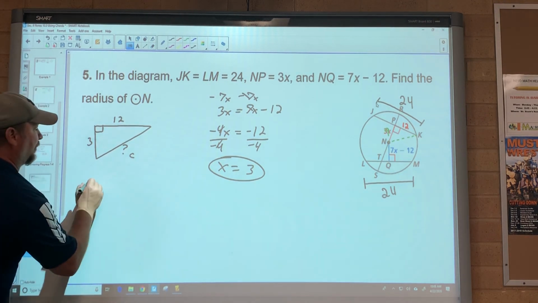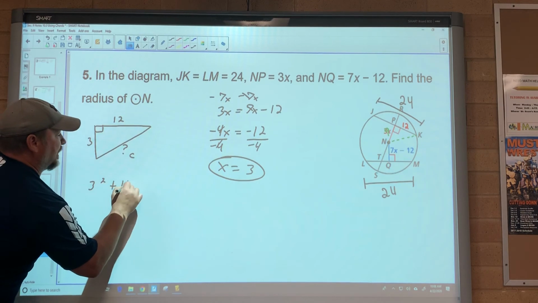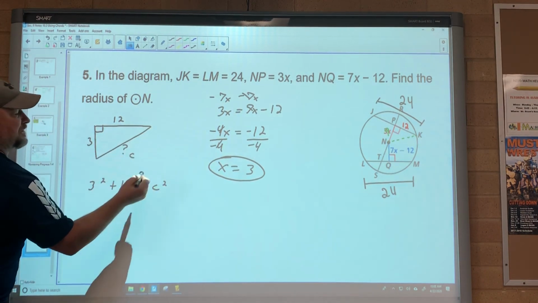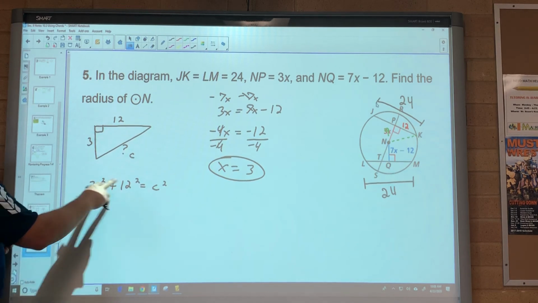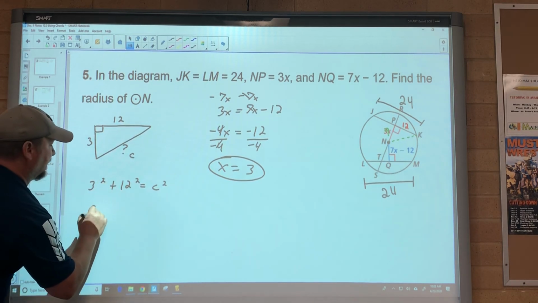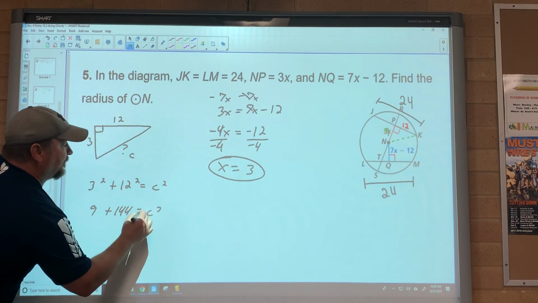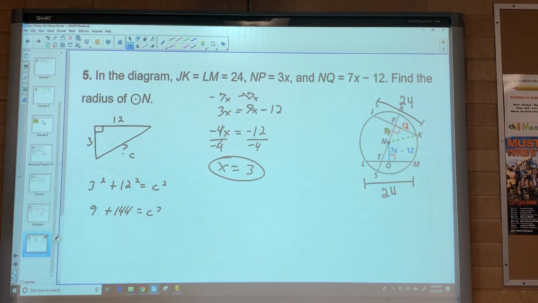So then we'll go 3 squared plus 12 squared equals C squared. Remember, the hypotenuse has always got to be on the opposite side of the A and B. We get 9 plus 144 equals C squared. It's 153.